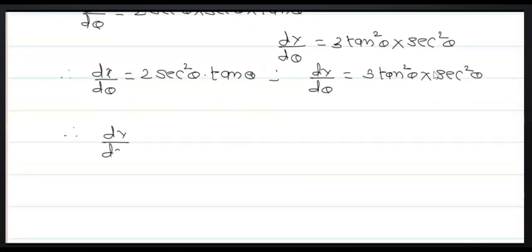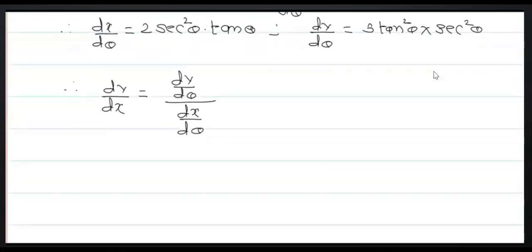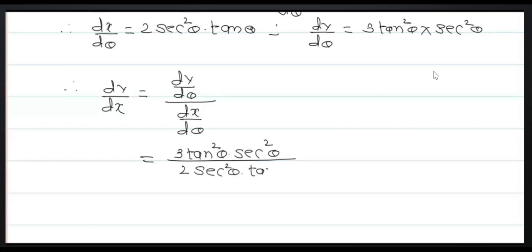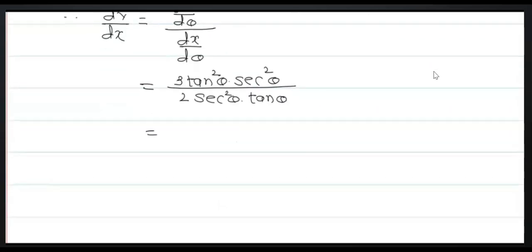Therefore, dy upon dx is equal to dy upon d theta upon dx upon d theta. That is 3 tan square theta into sec square theta upon 2 sec square theta into tan theta. Now sec square theta gets cancelled, 1 tan theta gets cancelled.